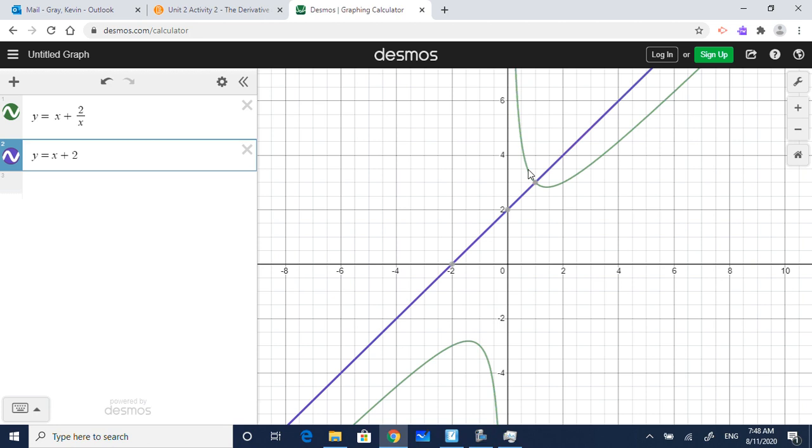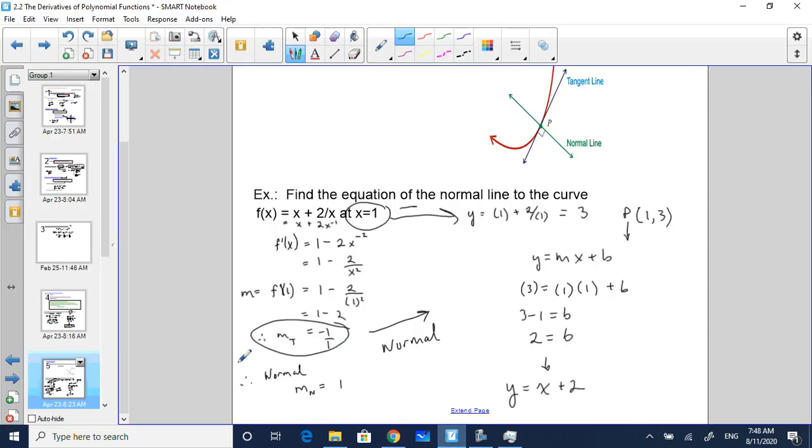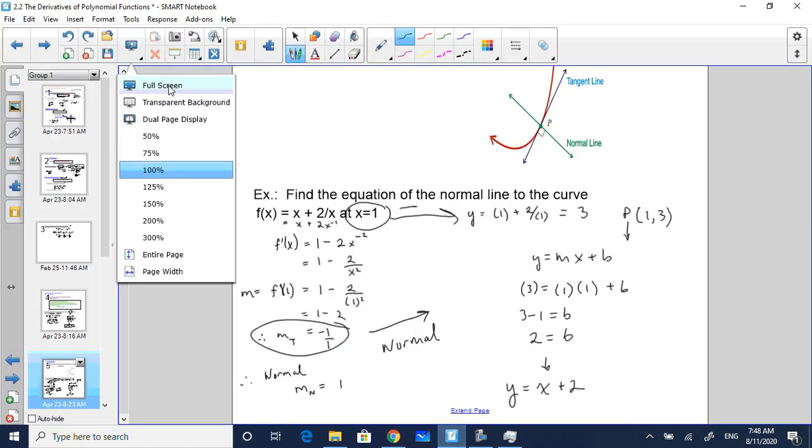That's at the point 1, 3. Again, that's not a tangent line, that's a normal line. It's coming off my function at a 90-degree, normal, or perpendicular angle. All right, we're almost done.